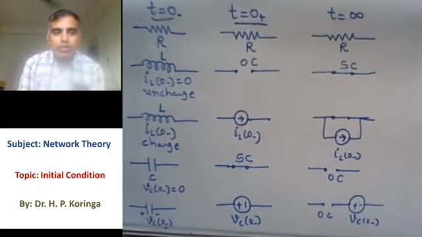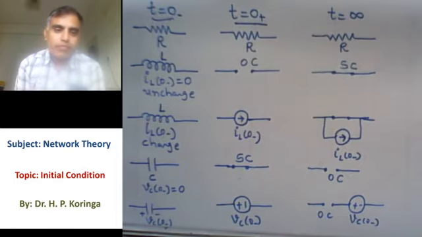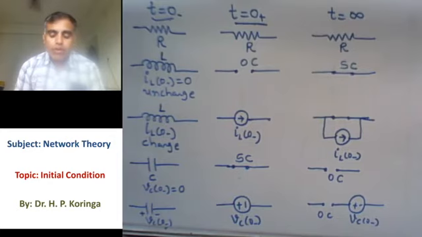This is very important to remember, as well as to understand each and every thing, why this equivalent circuit is a short circuit, open circuit, equivalent current source and voltage source. It comes only from two equations. One is IL of 0 plus equal to IL of 0 minus, so the inductor does not allow an instant change in current.